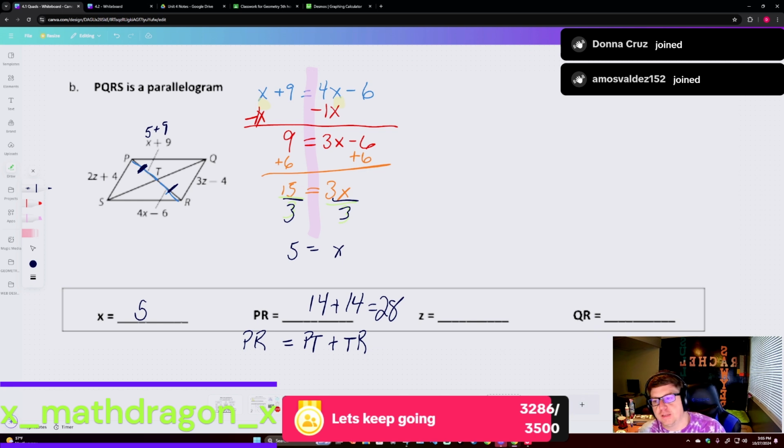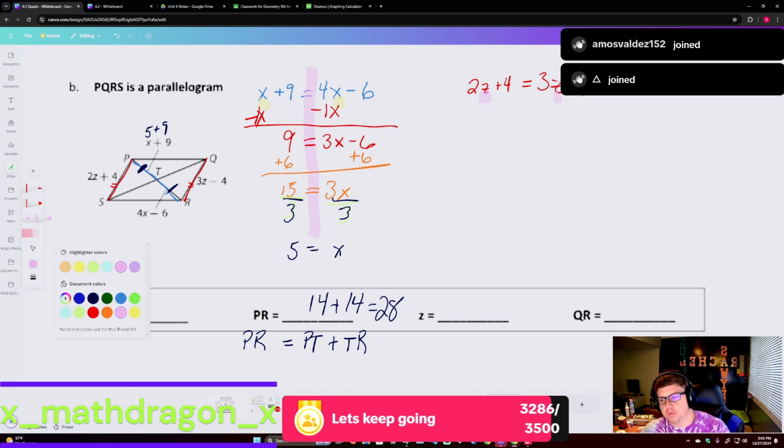Alright, now let's find z. If we look, this side is equal to that side, because opposite sides in a parallelogram are equal. So 2z plus 4 equals 3z minus 4. Underline the variables.